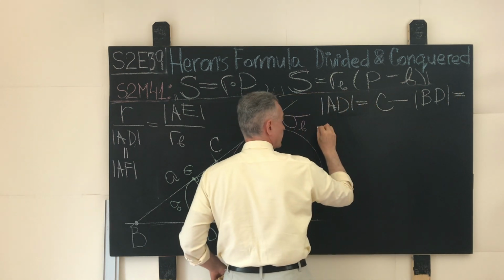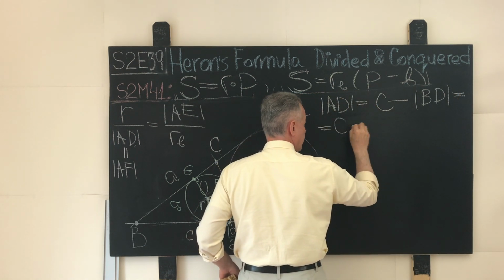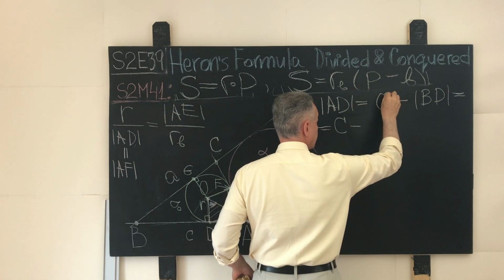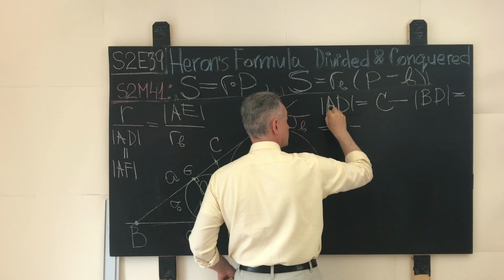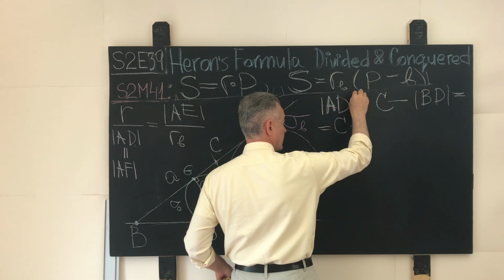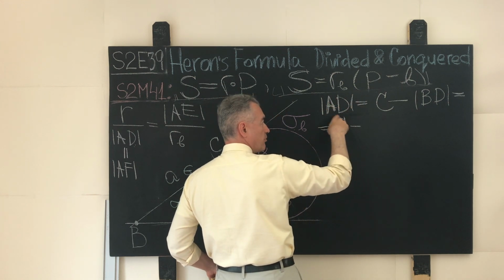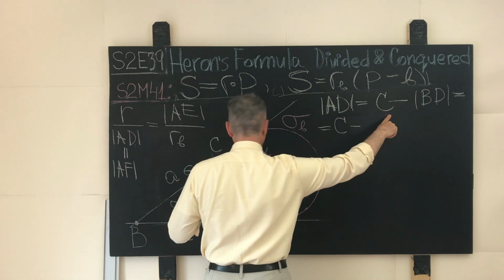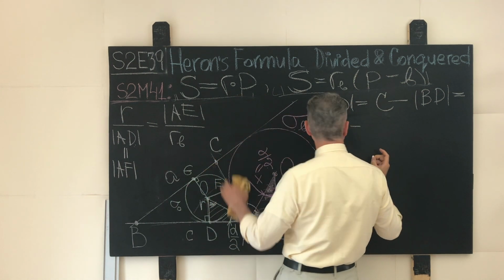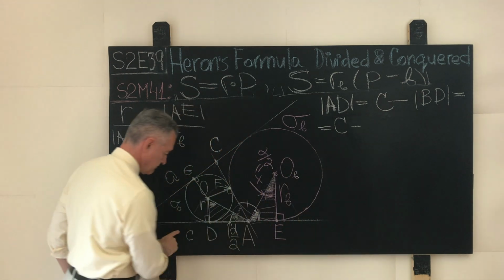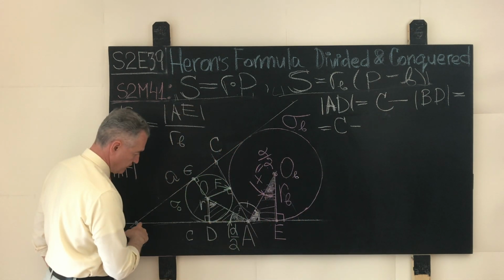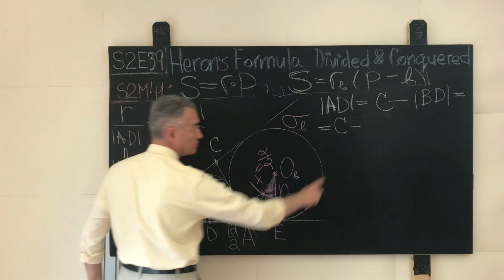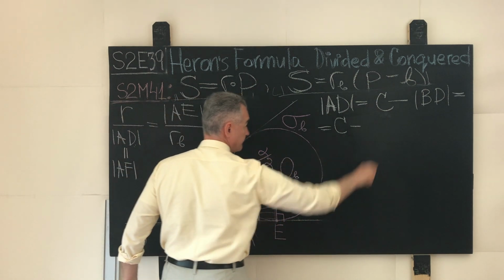And now we keep rolling. c minus, this is lowercase c, guys. I know you complain about me writing too small and too illegible. So here, in AD, lowercase c is not the point C, not the vertex C, not this one. It is this one, the length of the side AB. So lowercase c.